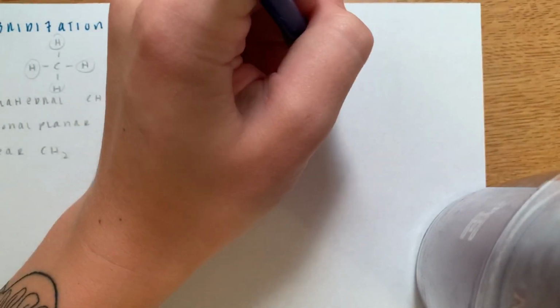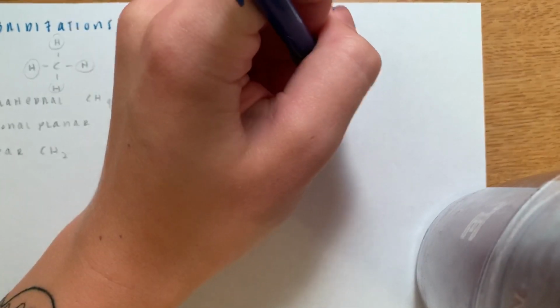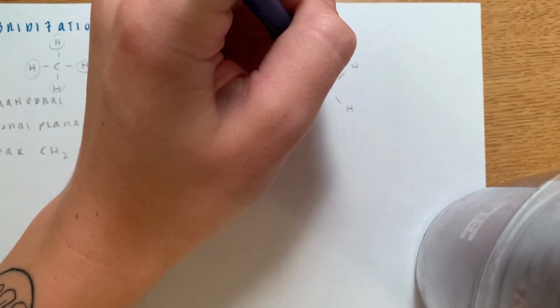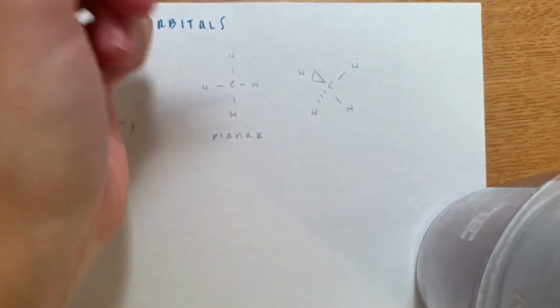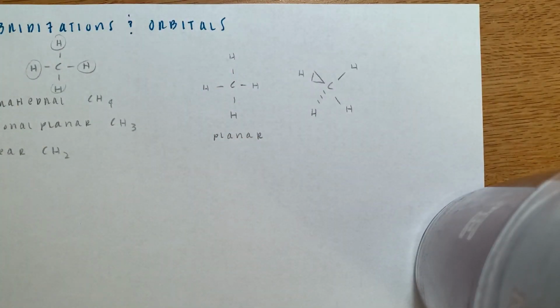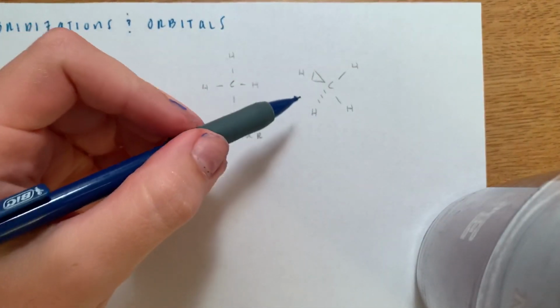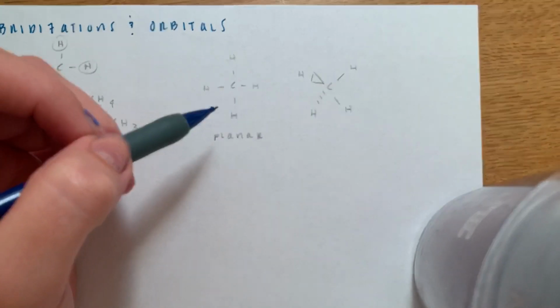And the reason that it doesn't actually look like that is because the hydrogens are on the playground in second grade and they don't want to kiss. So they want to be as far away from each other as absolutely possible. And they do this by arranging in this little 3D shape. And when we think about how the shape actually looks in person, I'm sorry, it keeps focusing on my hand.